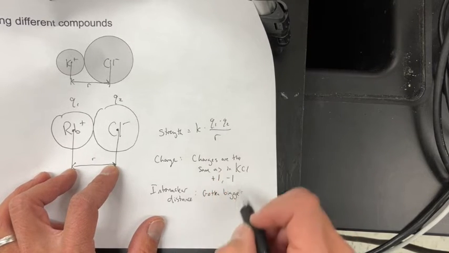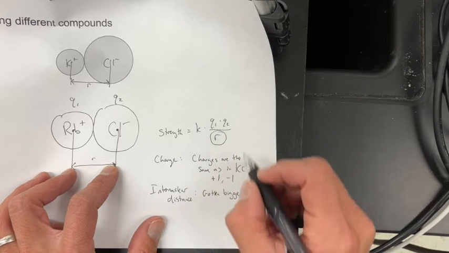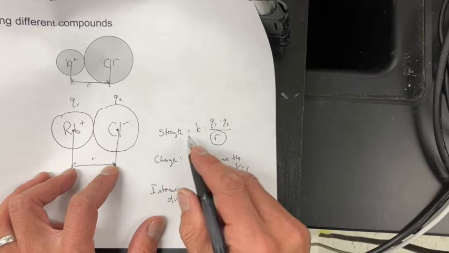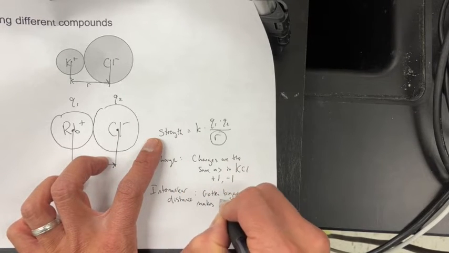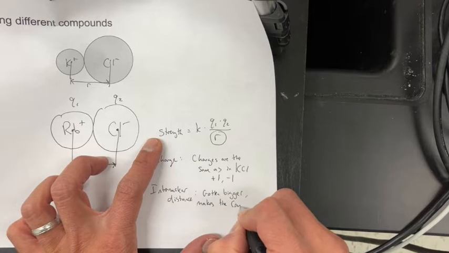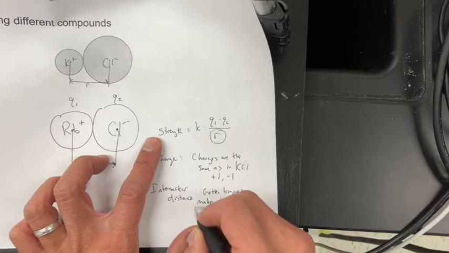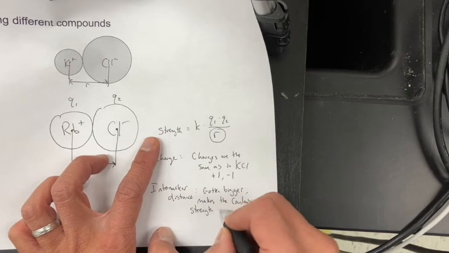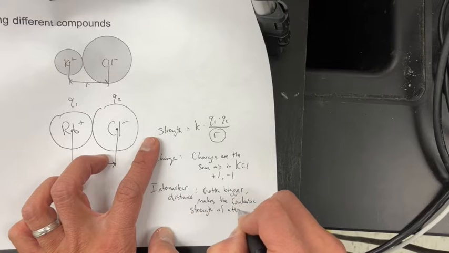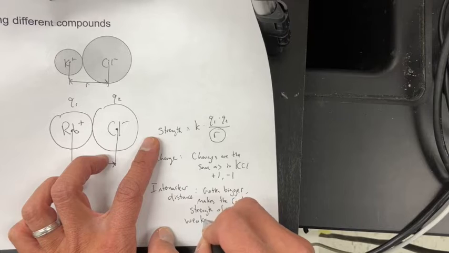Because they're farther apart, R, being in the denominator, makes the Coulombic attraction strength weaker.